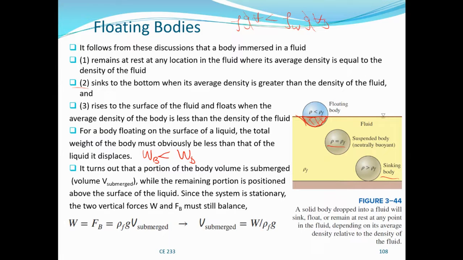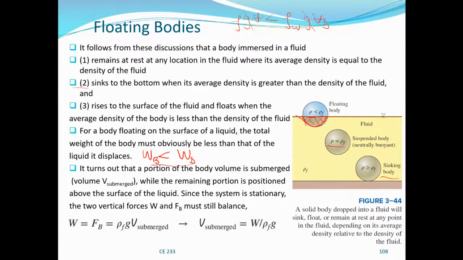The volume of the body is greater than the volume of the displaced liquid, but then the density of the body is less than the density of water. So when you multiply that out, you will realize that this statement holds true, that the total weight of the body must always be less than the weight of the liquid it displaces.